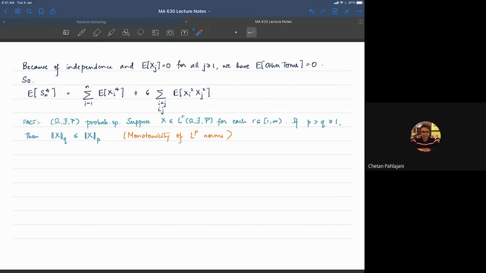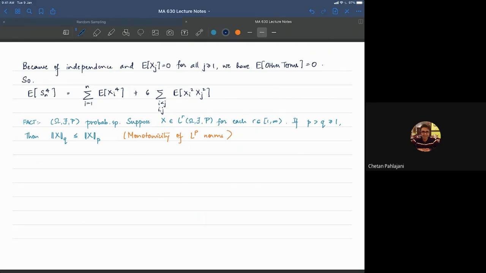We'll come back and prove this, but right now we'll just use this fact. Any questions with what this is saying? If you don't know how to prove this, that's a different story. Let's come back here and see how L^p norms come into the picture.